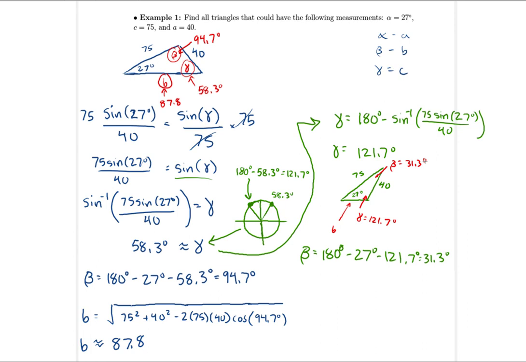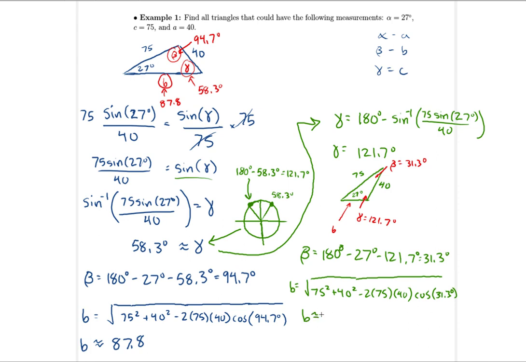Again, we could use the law of sines or the law of cosines, it doesn't really matter. If I use the law of cosines, B is going to be the square root of 75 squared plus 40 squared minus 2 times 75 times 40, but now it's the cosine of 31.3 degrees.